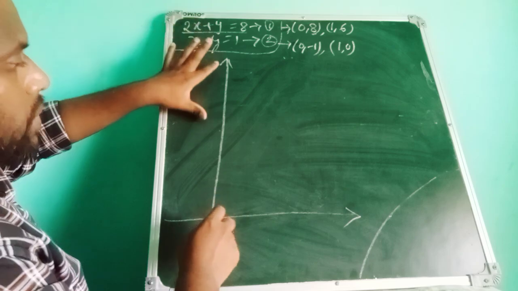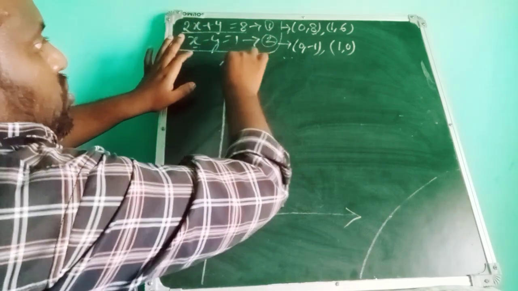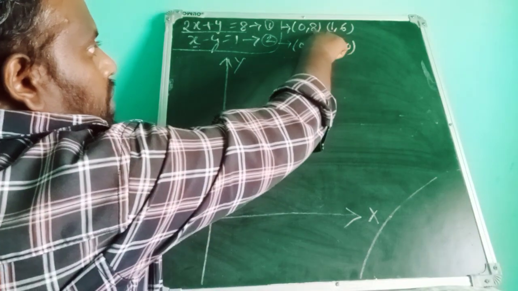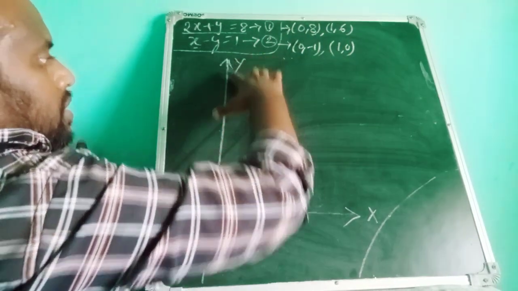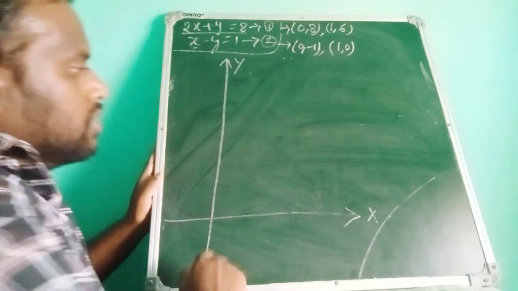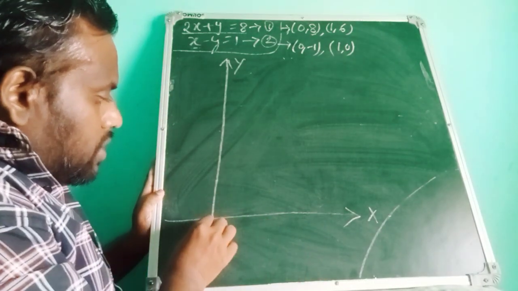I have given a lot of length to the y-axis. This is the y-axis and this is the x-axis. Why? Because y is equal to 8, so this should be lengthy. That's why I have drawn this side. And on the x-axis, this is 0.